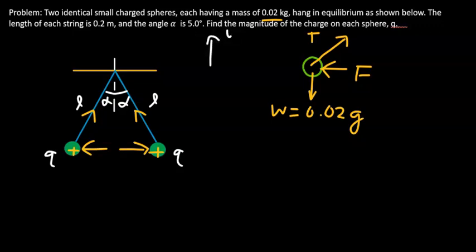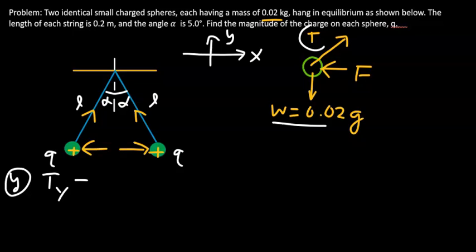Let's balance all the forces. So that is the y-axis and that is the x-axis. Let's look at the y components of all these forces. There are only two. The first one is weight, and the second one is the y component of the tension. So they must balance each other. So the y component of the tension equals the weight. What is the y component of the tension?